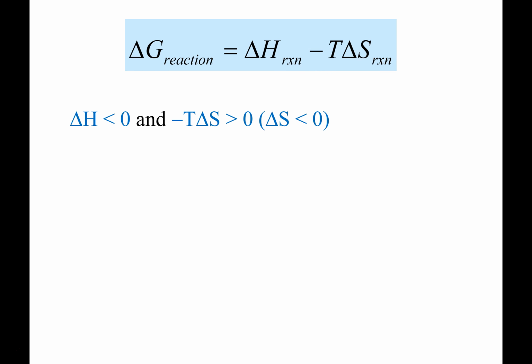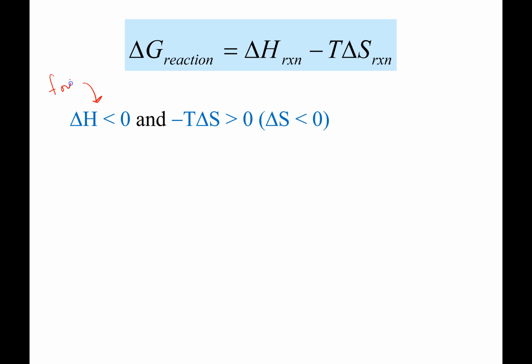Now there's three more scenarios. What about this one? Delta H is negative, okay? So it's dispersing energy, but in this case, our delta S is negative. So we've actually got a mixed sort of thing where this guy right here favors spontaneity.